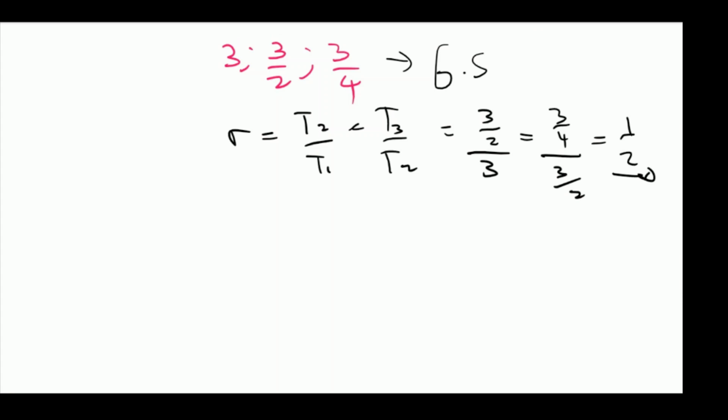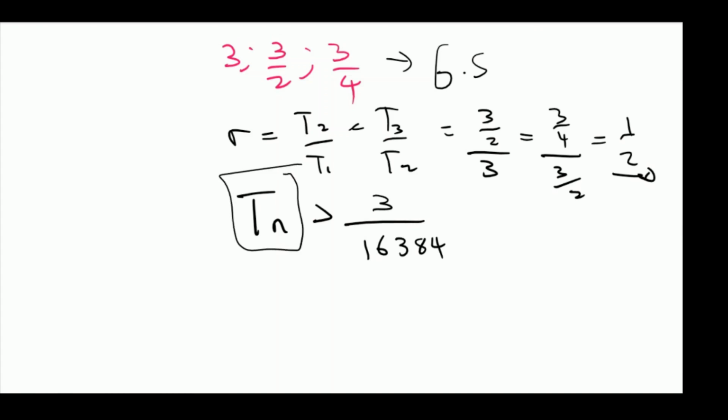But consider that the question says we must find the value of n when Tn is greater than 3 over 16384. So we need to first find this Tn. The Tn of a geometric sequence is ar to the power n minus 1, and our value of a is this 3 here.